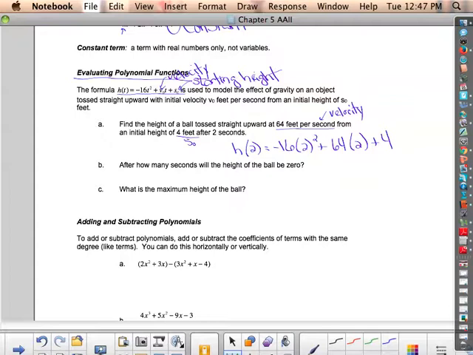So you can put that in your calculator and find that height would be 68 feet at 2 seconds.